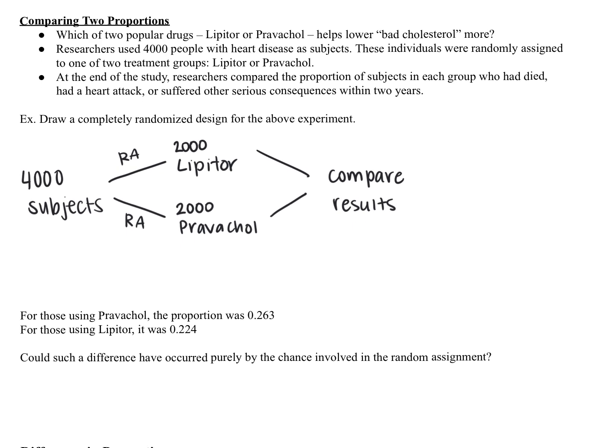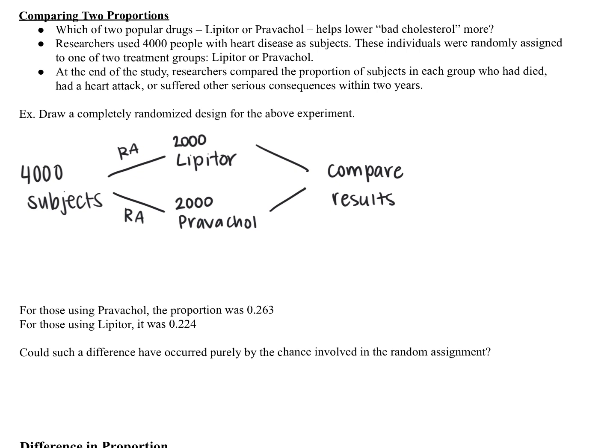At the end of the study, for those who used Pravachol, the proportion who died, had a heart attack, or suffered serious consequences within the 2 years was 0.263, and for Lipitor, it was 0.224. What we want to know is, could such a difference have occurred purely by the chance involved in the random experiment?